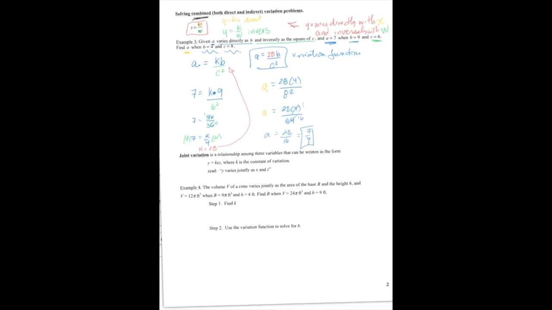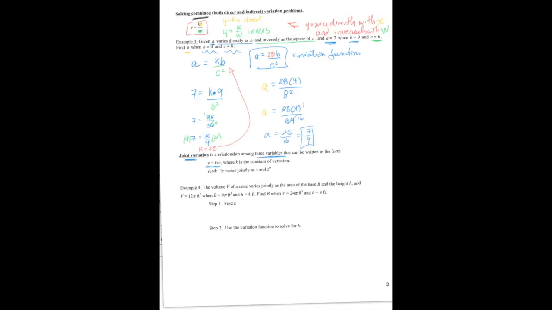Now, the next type of variation that we're going to talk about is called joint variation. Joint variation is the relationship among three variables. It resembles direct variation in the sense that everything is in the numerator.